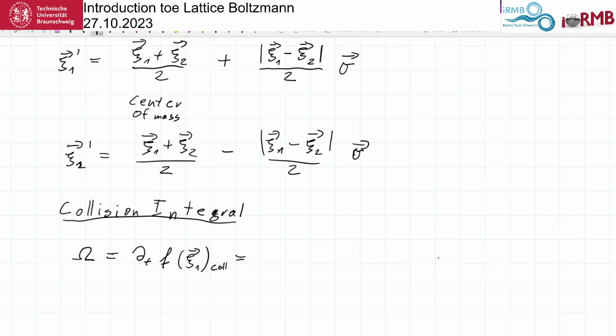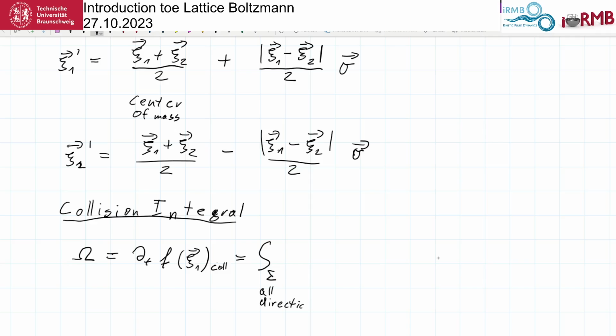Yeah, so now come the big integrals. I'm a little bit sorry for the big integrals. Now we sum over or integrate over all directions. So we take here a capital sigma, which means all possible directions.